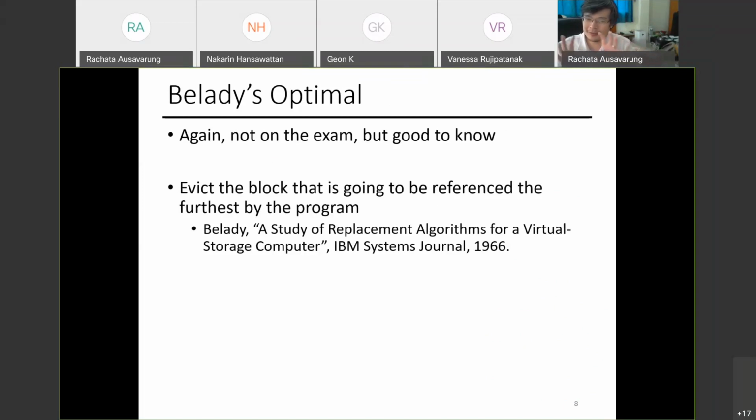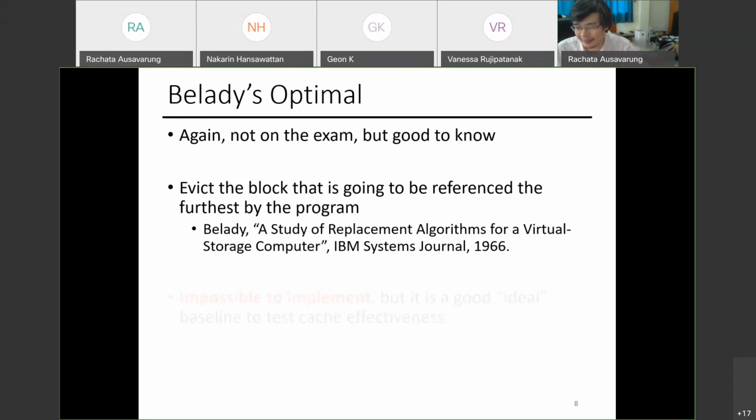This is used as an optimal baseline when you want to compare the performance of your cache or your program. When you write a program, someone might ask you, is this like Belady's optimal? Basically, is that magic point where you know exactly what will be needed later, and then you evict that block, right? And that's magical. You can't have it.